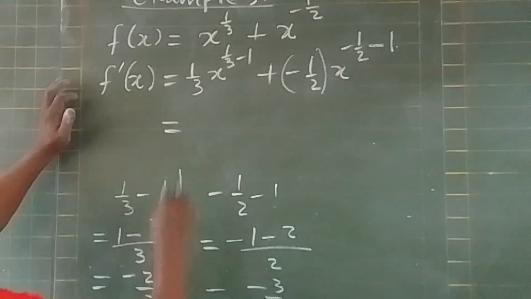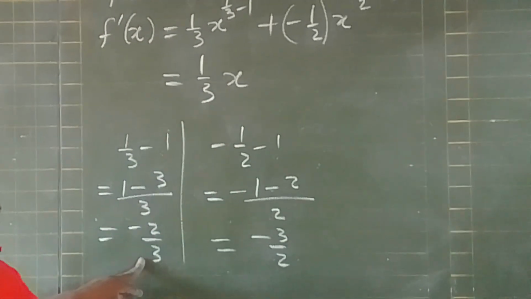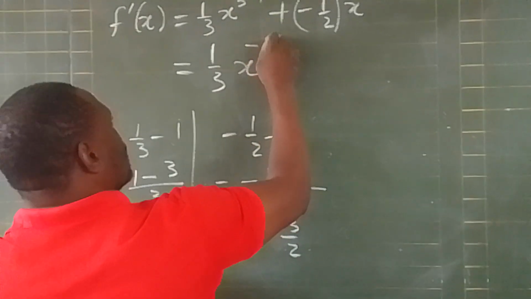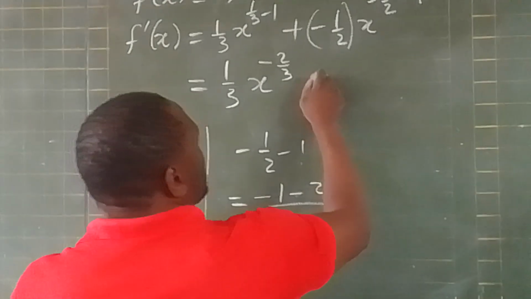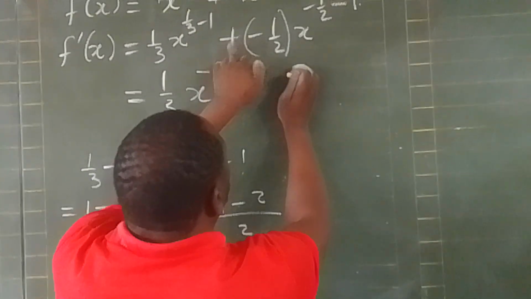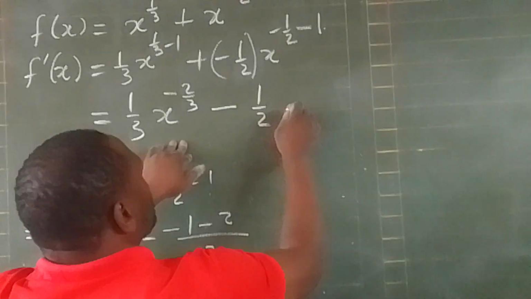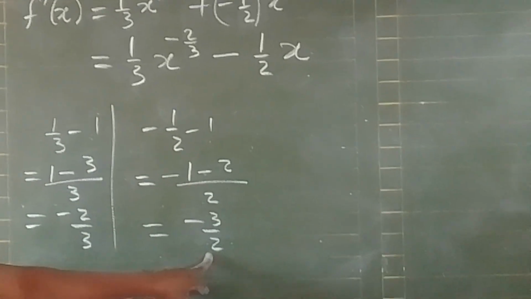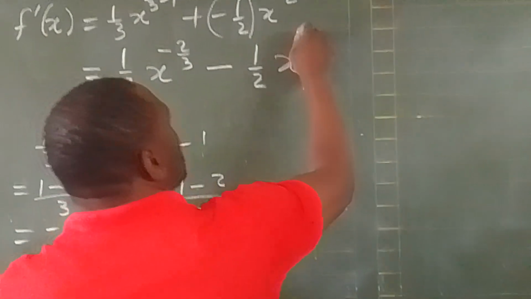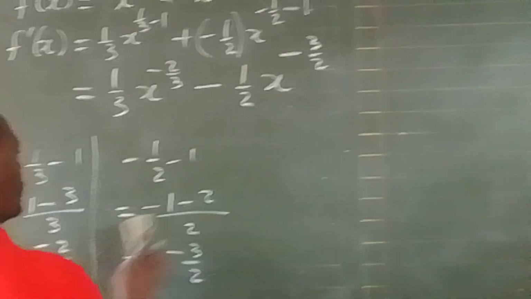So here you are going to get 1 over 3 x to the power minus 2 over 3, a negative times positive is negative, 1 over 2 x to the power minus 1 and minus 1 is minus 3 over 2.